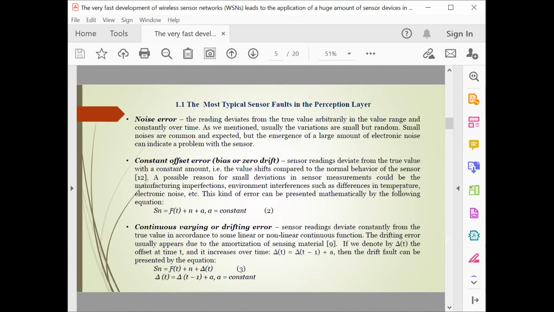On this slide, we can see the most typical sensor faults in the first perception layer: noise error, constant offset error, continuous or continuous varying or drifting errors.